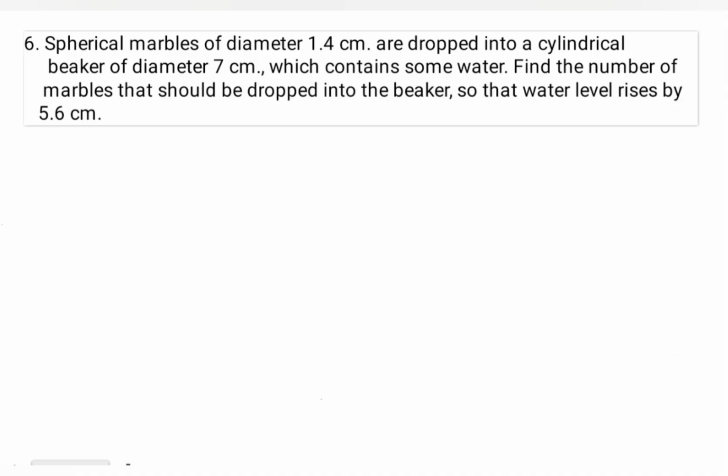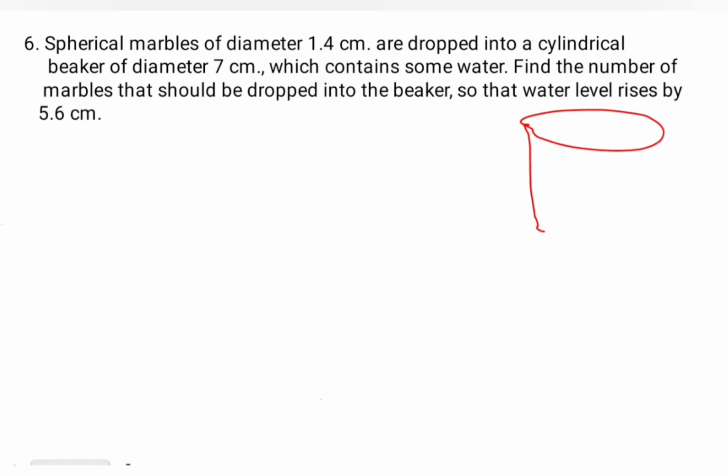Now, here this is a cylindrical beaker, and some water is there. Its diameter is 7 centimeters, and here some marbles are dropped.